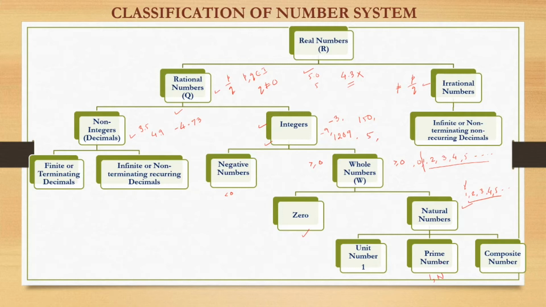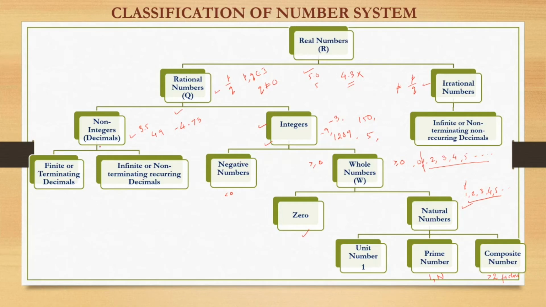So such numbers are prime numbers like 2, 3, 5, 7, 13. What are composite numbers? Those numbers which have more than two factors are composite numbers. This we'll see in detail further.